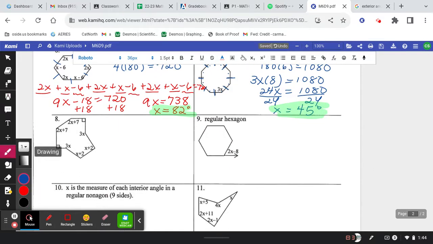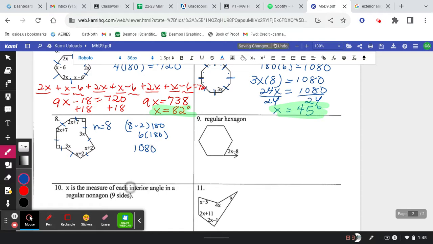All right, this next figure has 1, 2, 3, 4, 8. Let me check it one more time. 1, 4, 5, 6, 7, 8. Okay, so 8-sided figure, 1080.